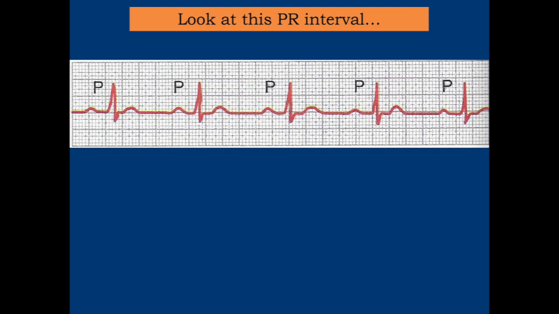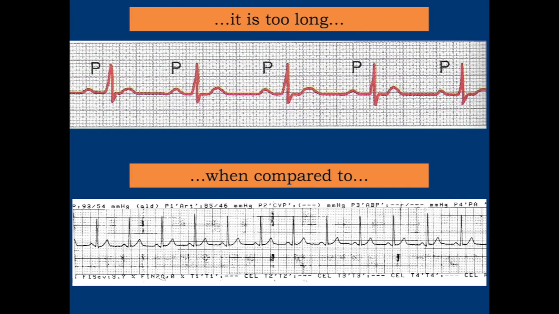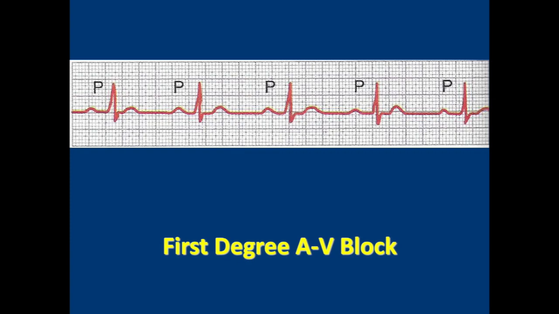So look at that PR interval. Compare it to the sinus rhythm. So you can see that that PR interval in the top strip is stretched out longer than a normal sinus rhythm. And this is called first degree AV block.